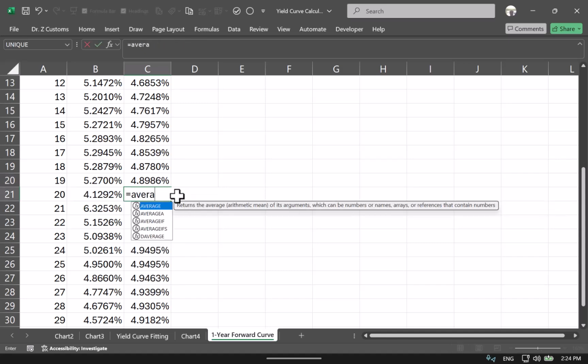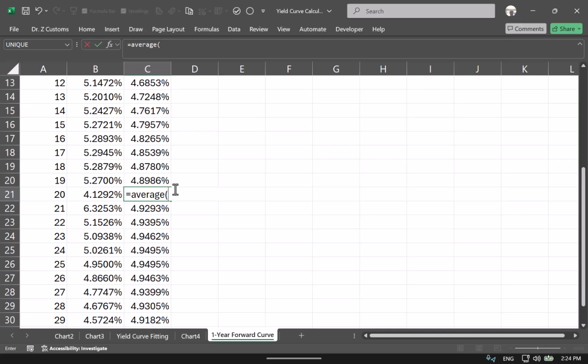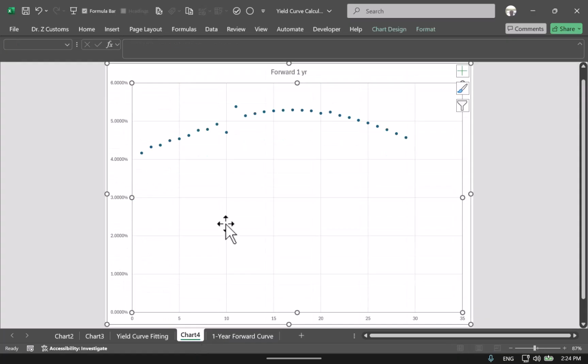I'm just manually correcting this. Let me see how that chart looks. And we're also having an issue at 10. Actually, I'll take kind of an average of those two.